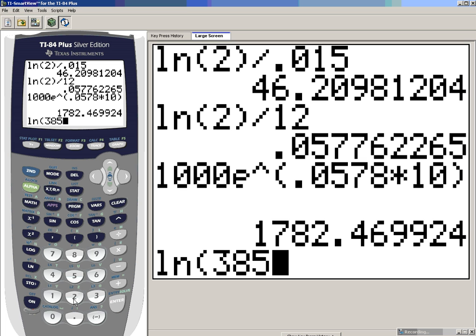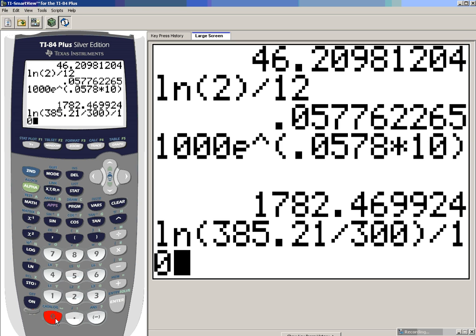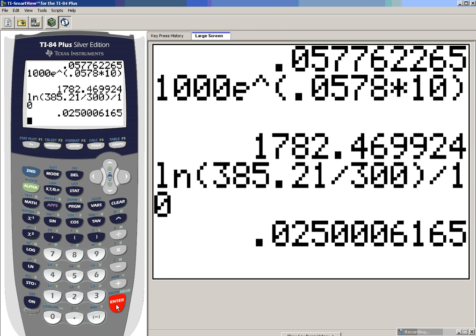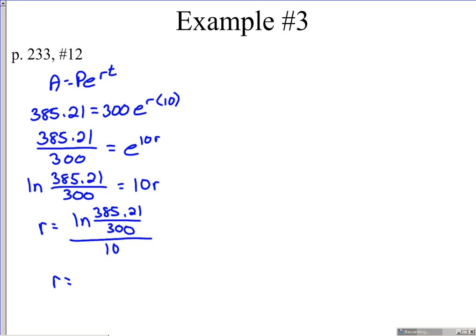Natural log of 385.21 divided by 300 divided by 10. There's our rate. We can see that that's going to be 2.5% when we change to a percent.